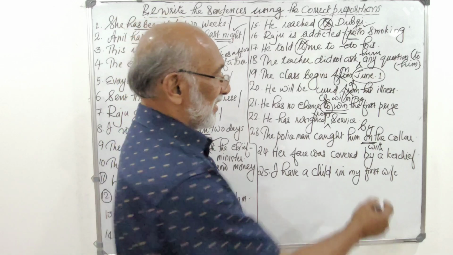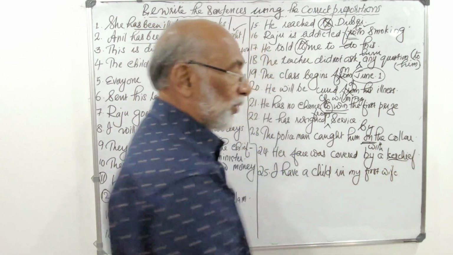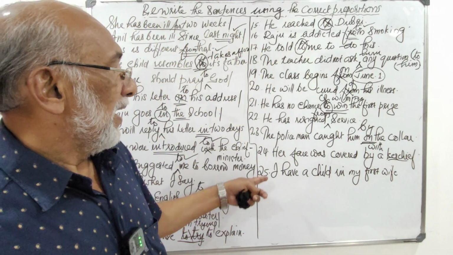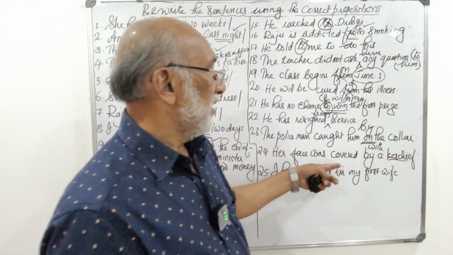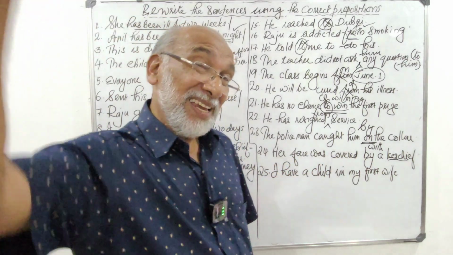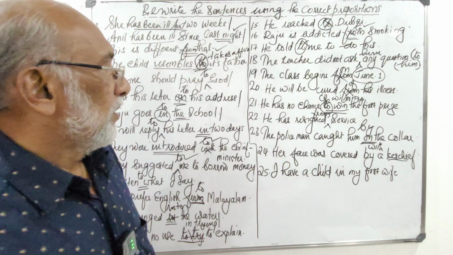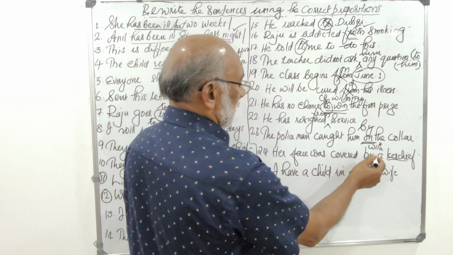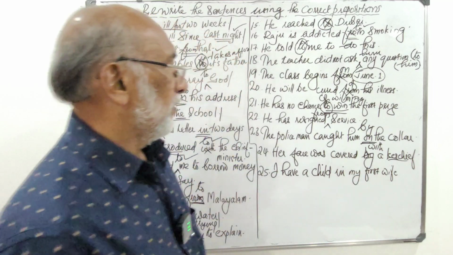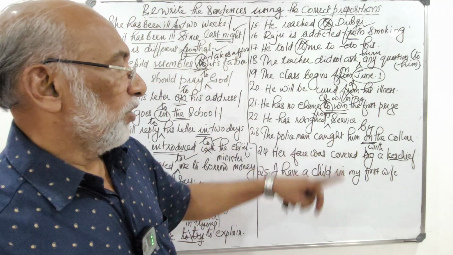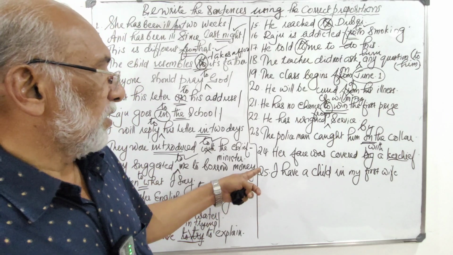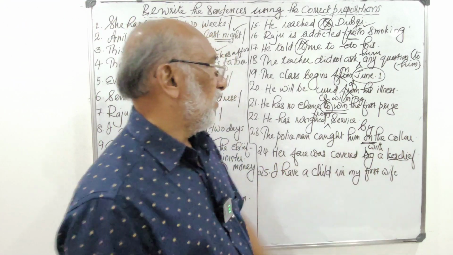By indicates the agent. A kerchief is not the agent who did it. It is somebody. Her face was covered with a kerchief by somebody. So it should be with, not by. By is a wrong expression. Her face was covered with a kerchief.